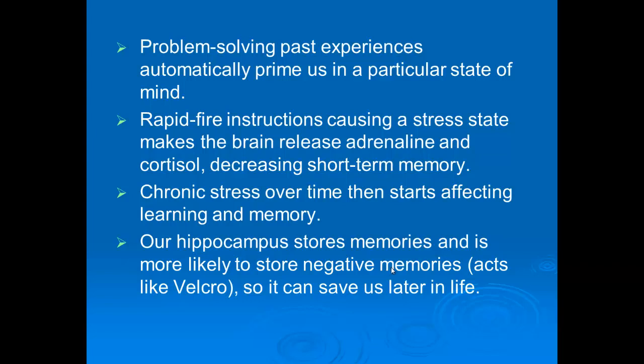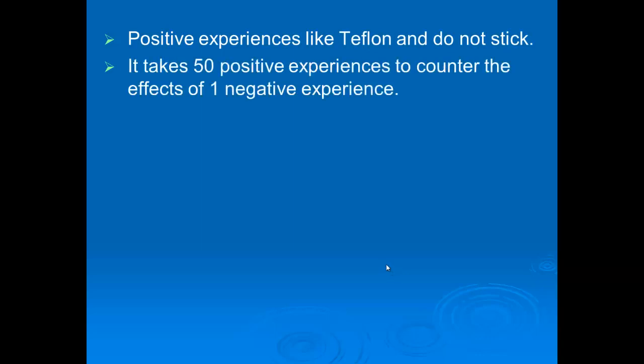In fact, we're more likely to store negative memories than positive ones, just because evolutionarily, if we keep track of negative experiences, it will protect us in the future from harm. And so positive memories are like balloons. They come in, they float, and they leave us. And so positive experiences just don't quite stick like negative experiences.